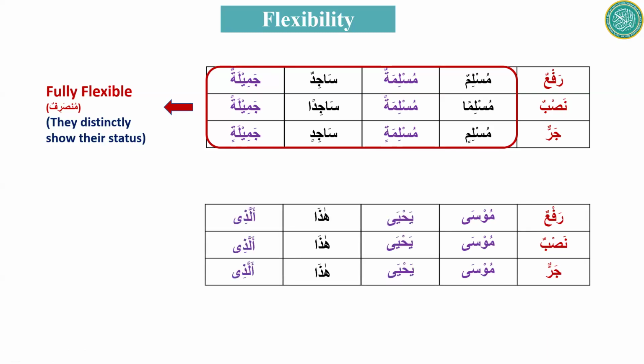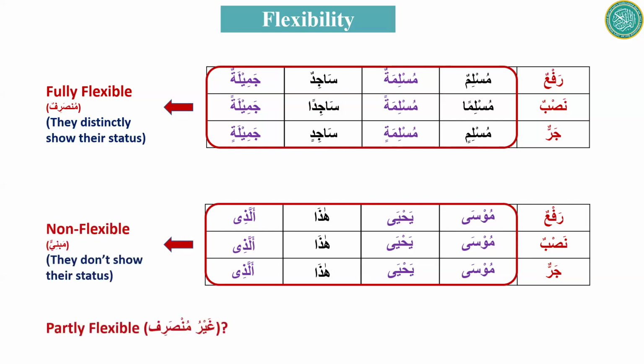They look the same, and when they are used in a sentence, then based on the structure of the sentence we would know if it is rafa, nasab, or jar. And then there was a third category, partly flexible. But for learning partly flexible, we had to learn something else first: heavy ism versus light ism.